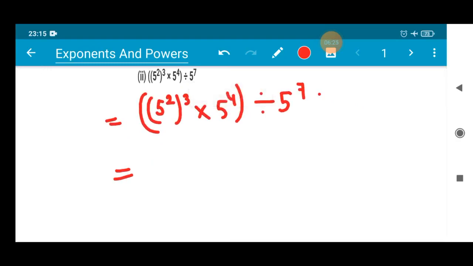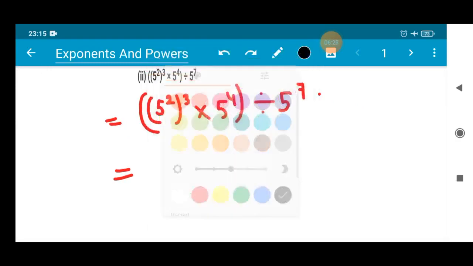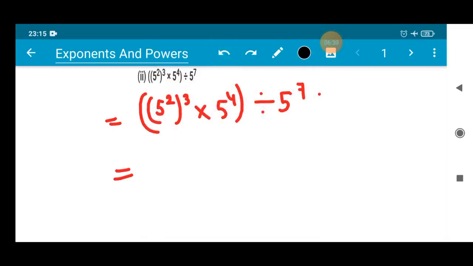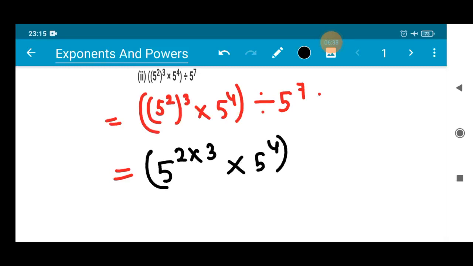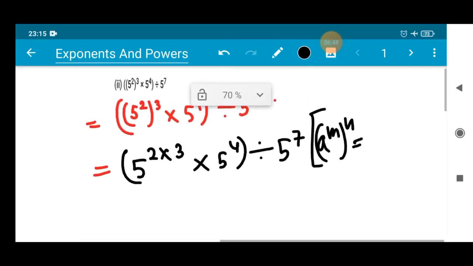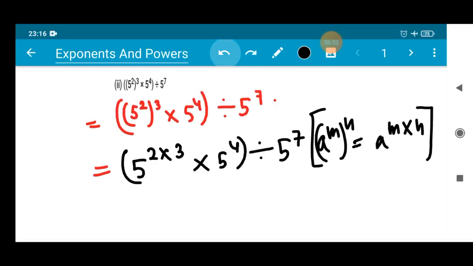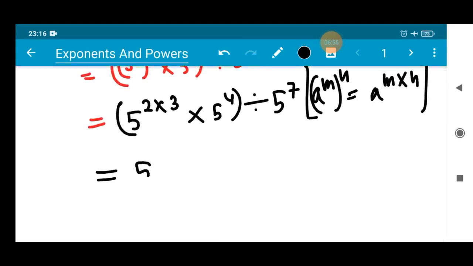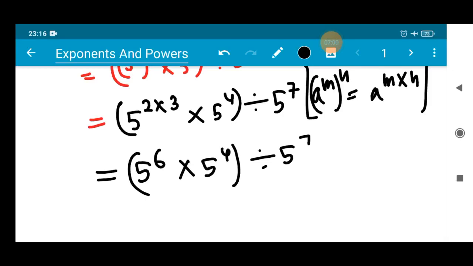Whenever we have exponents over exponent or power over power, then we can simply multiply the power, that we know. Into 5 to the power 4, let this be inside the bracket, divided by 5 to the power 7. So I can write here that a to the power m to the power n is equal to a to the power m into n. For this I have used this rule. Now 5 to the power 6 into 5 to the power 4 divided by 5 to the power 7 can be written.